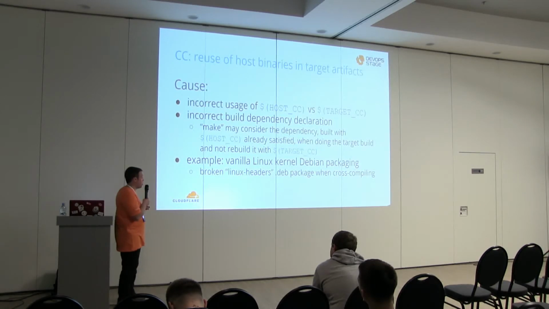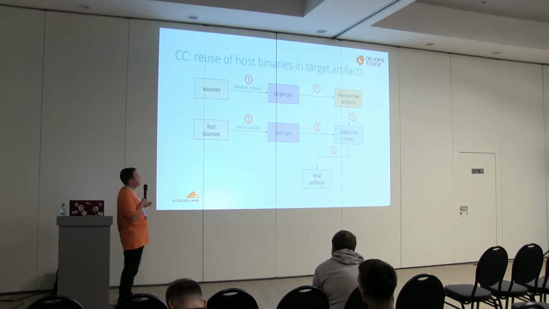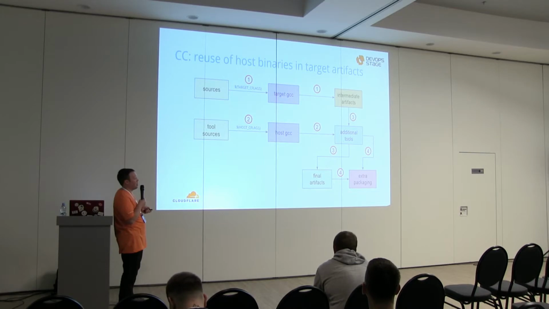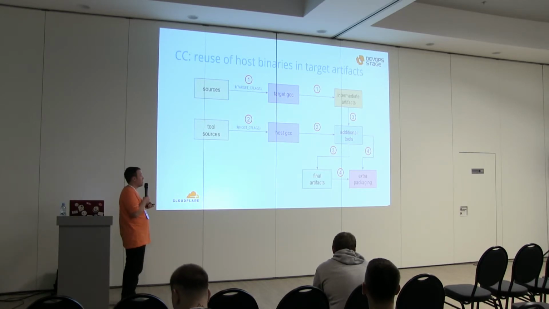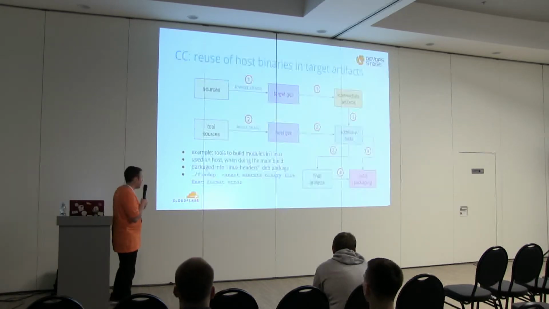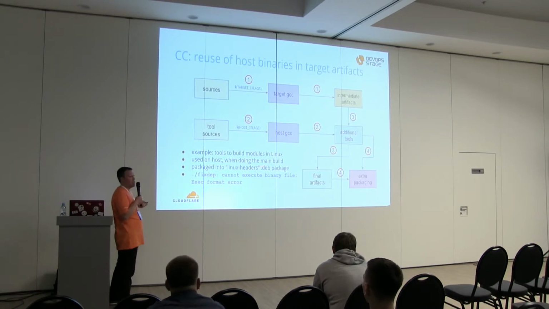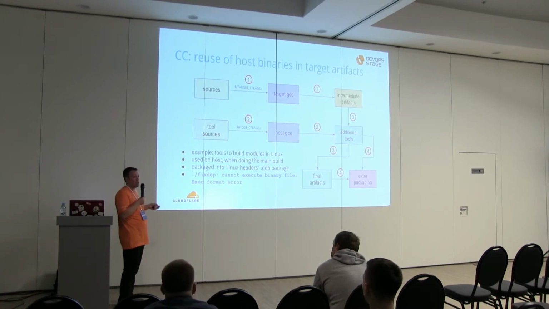To illustrate what I mean, they have a similar setup as in the case before, but with an additional step where they do extra packaging in the end. Here the Debian packages are produced for the target architecture. The problem was in the fixdep utility, a simple tool which does post-processing of the compiled kernel modules.